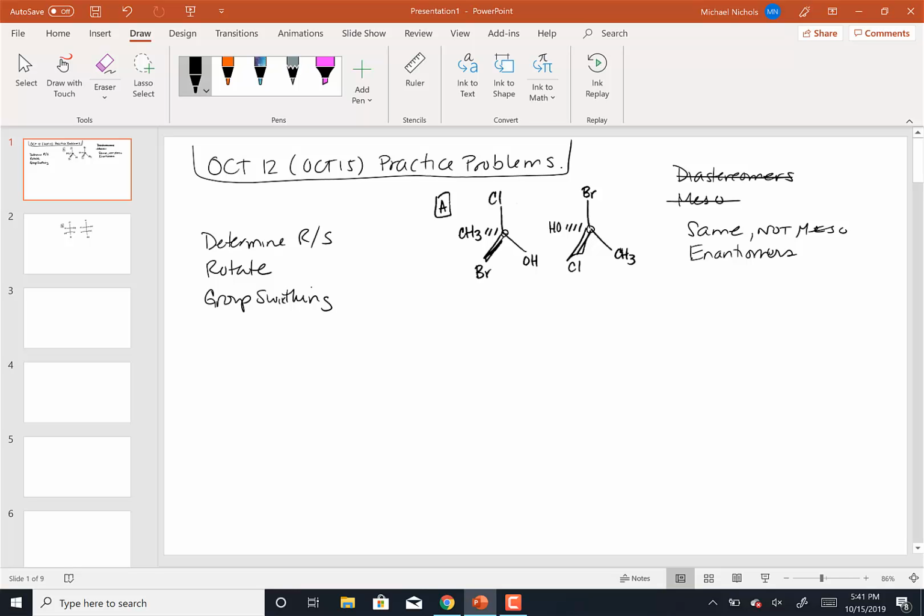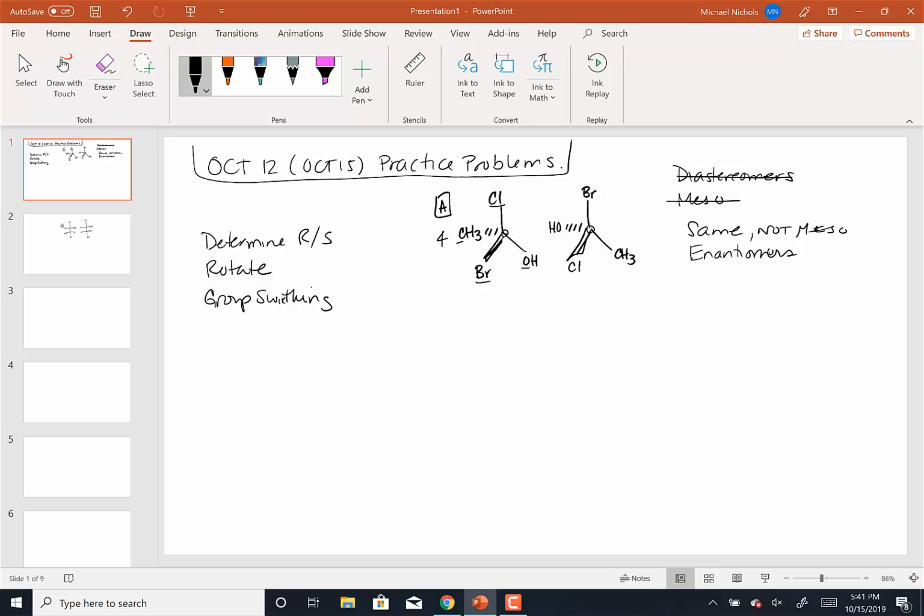So what's the configuration of these two molecules? If you want to check whether they are R or S, you can stop the video and do it, and then come back and see if you were correct. Looking at this for R and S, I've got a chlorine, an OH, a Br, and a carbon.